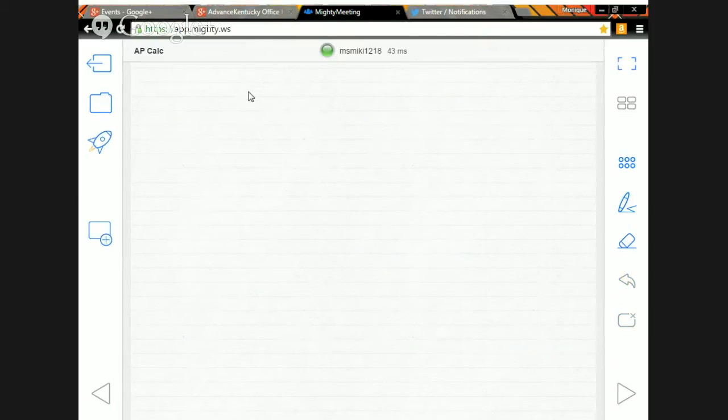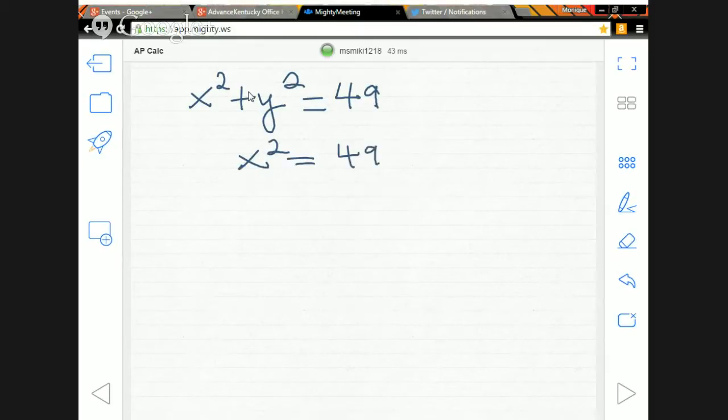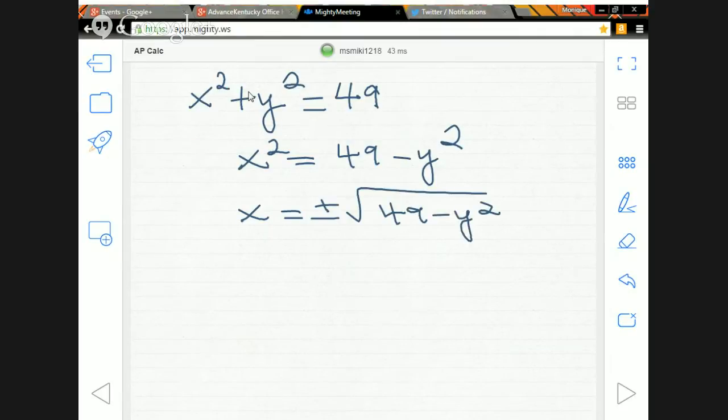Sorry about that. So to get x1 minus x2, remember we knew that x squared plus y squared is equal to 49. If I solve this for x, then we actually have two solutions, plus or minus the square root of 49 minus y squared.